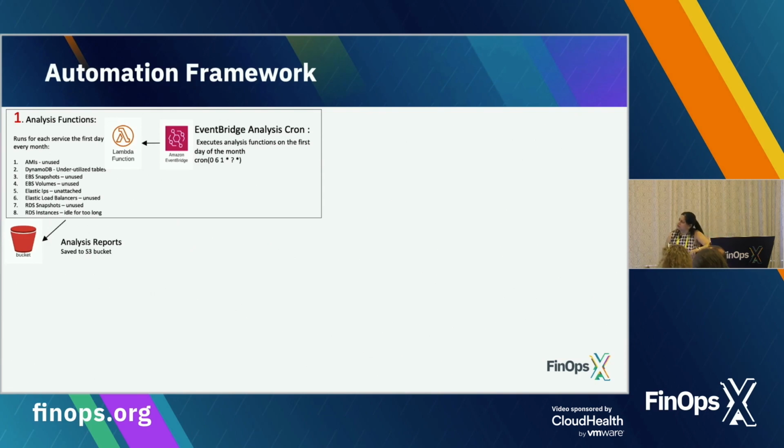It begins with a cron job for the first of the month that invokes the Lambda function. I have identified 8 services for this automation framework, and there is a separate Lambda function for each of these. Quick note, since it's a Lambda function, we are saving on the implementation cost also, using less compute power.